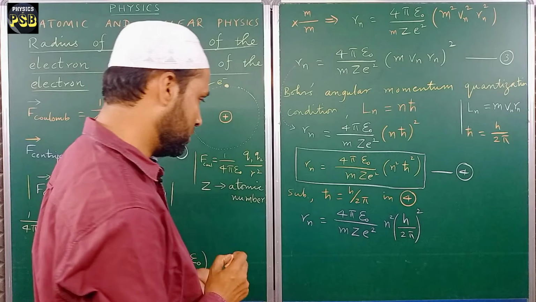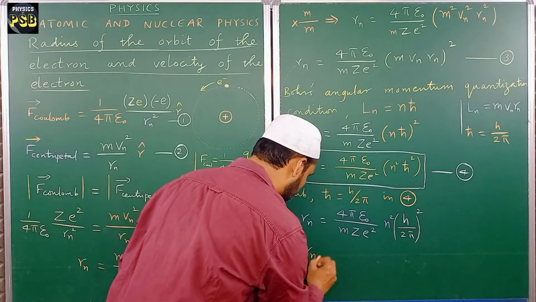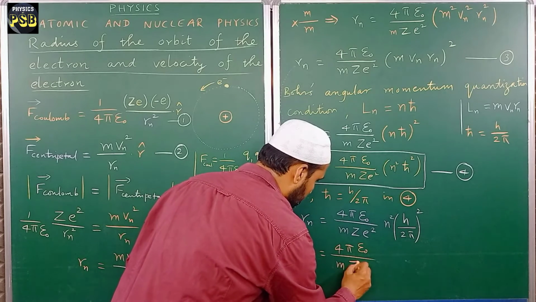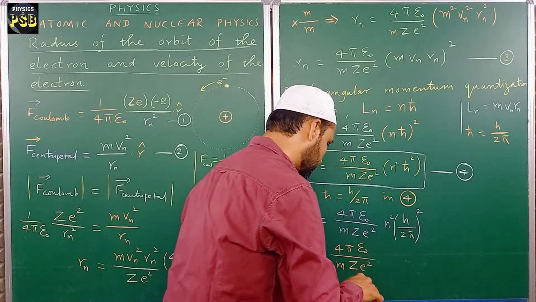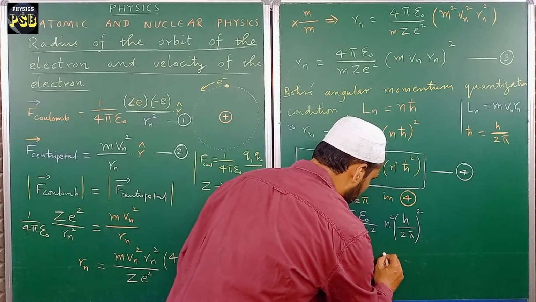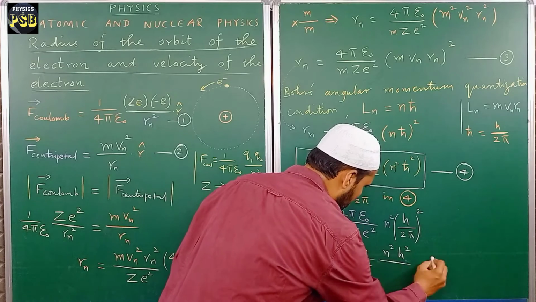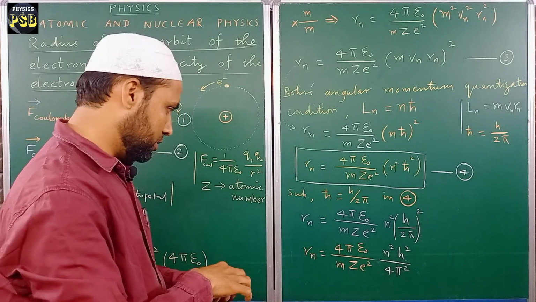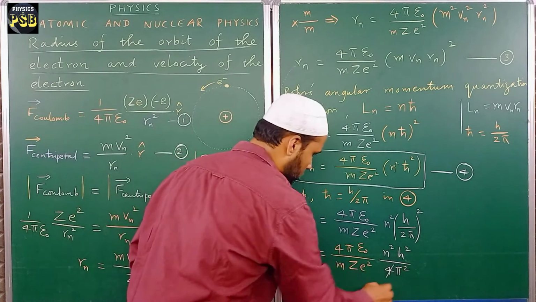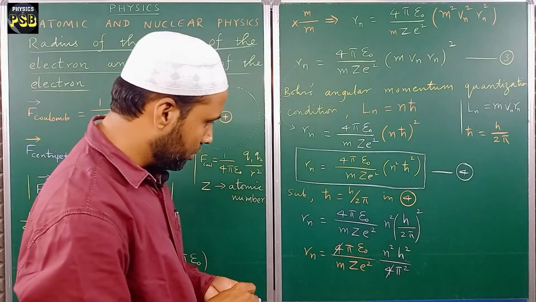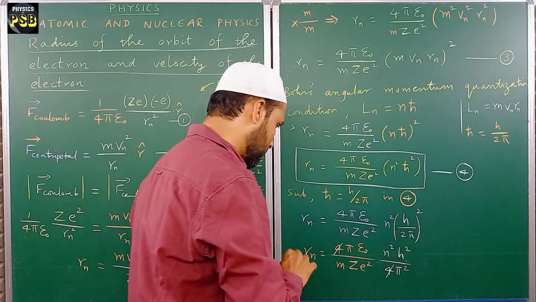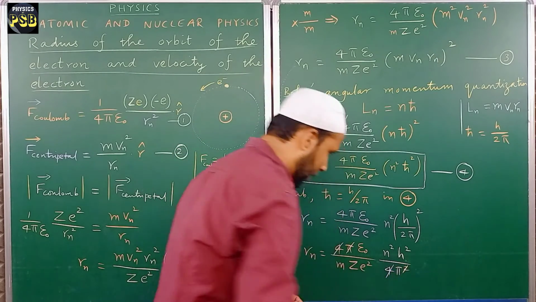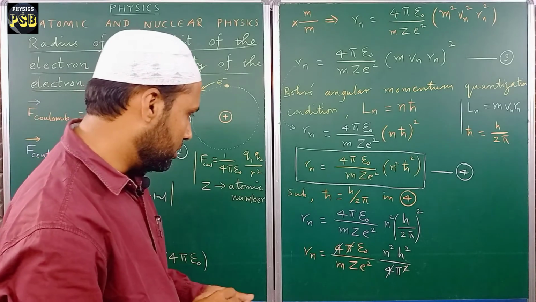So what I'll get next can be written as Rn equals 4 pi epsilon naught m Ze square n square h square upon 4 pi square. I have squared this. Then the similar terms, this 4 and this 4, get cancelled. Then this pi and this pi get cancelled. What remains is this.